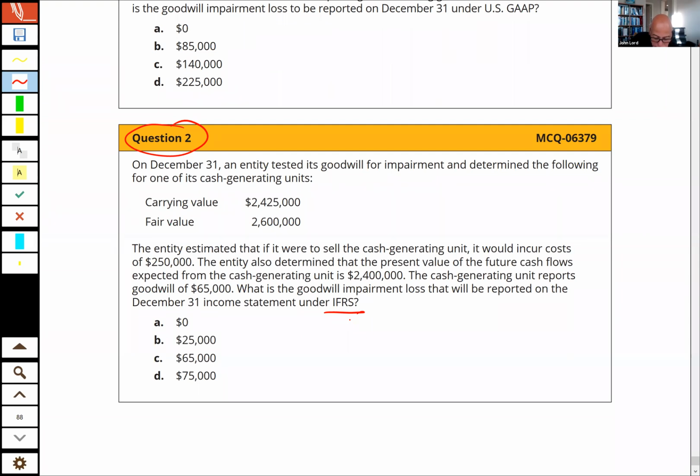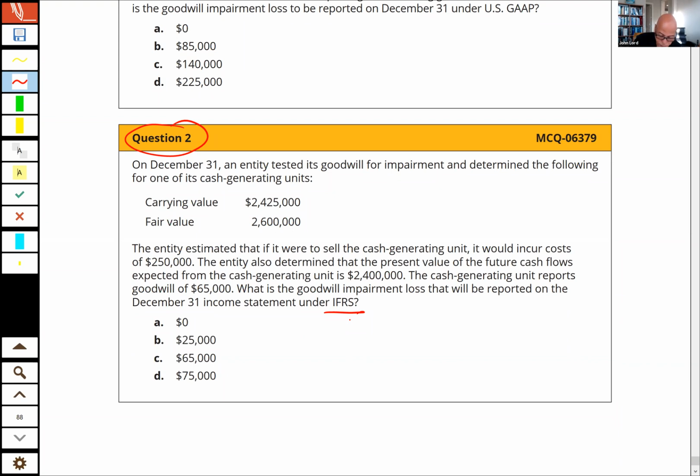And then they tell me the entity estimated that if it were to sell the cash generating unit, it would incur cost of $250. The entity also determined that the present value of the future cash flows expected from the cash generating unit is 2.4. The cash generating unit reports goodwill of 65. So what would be the impairment loss here?